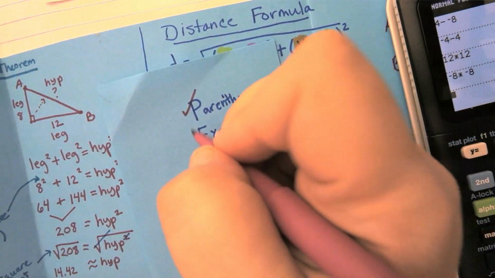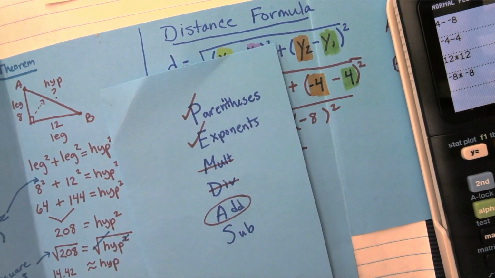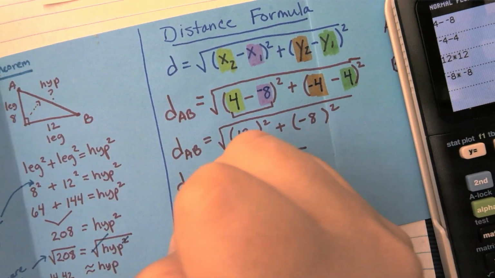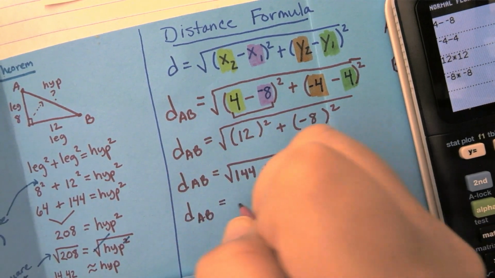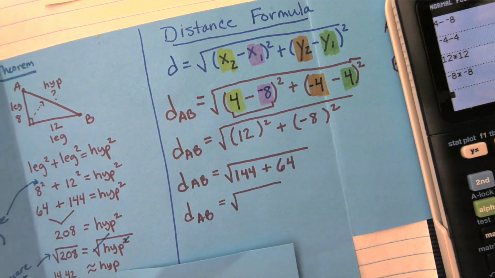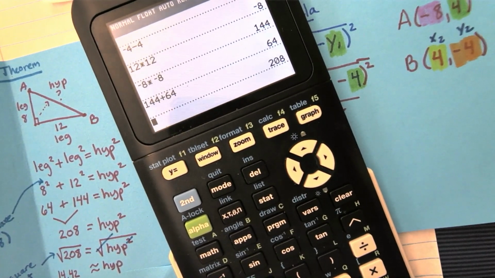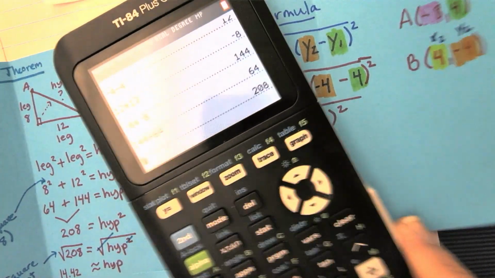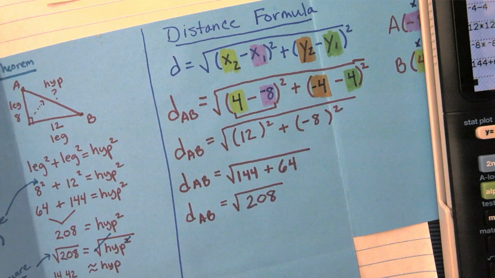I've done my parentheses, I've done my exponents, there's no multiplication, no division, there's addition, so I'm going to do that next. So the distance from A to B equals the square root of 144 plus 64, so let's add those up. 208. So the distance from A to B is the square root of 208.